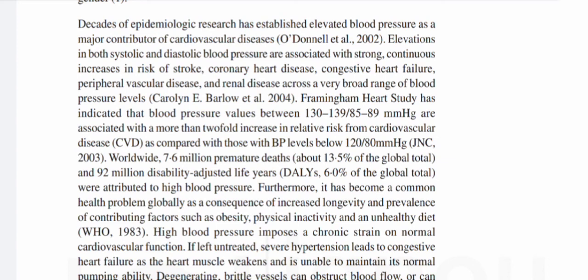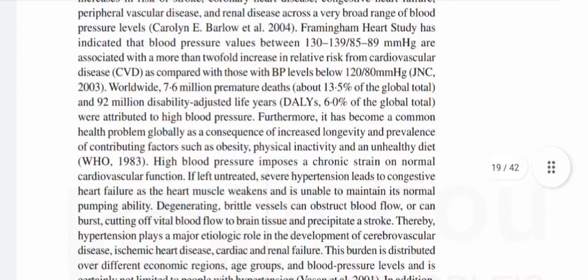WHO 1983. High blood pressure imposes a chronic strain on normal cardiovascular function. If left untreated, severe hypertension leads to congestive heart failure as the heart muscle weakens and is unable to maintain its normal pumping ability.